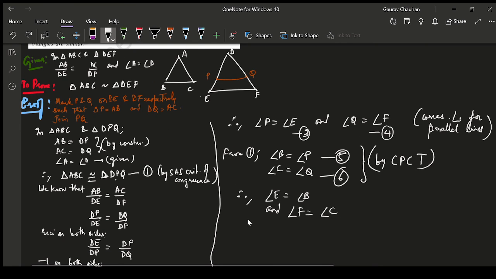Therefore, triangle ABC is similar to triangle DEF by double A criterion.